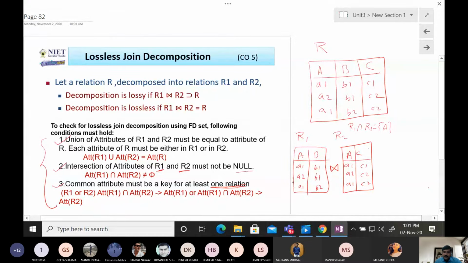Now let me know whether A is a candidate key in R1 or not. Please let me know whether attribute A is a candidate key in R1 or not.